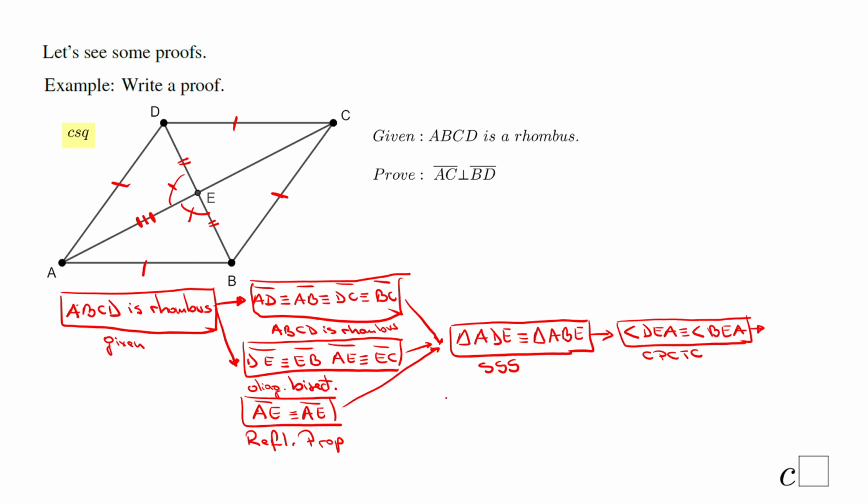Let me do that here, because I don't know if I'm going to have enough space. The measure of angle DEA equals the measure of angle BEA. That's the definition of congruent angles.